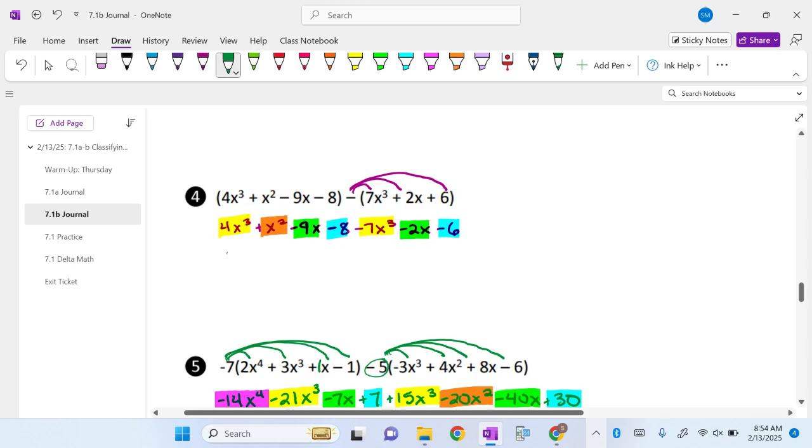The x cubes. So this would be 4x cubed minus 7x cubed plus the x squared plus negative 9x minus 2x plus negative 8 minus 6.